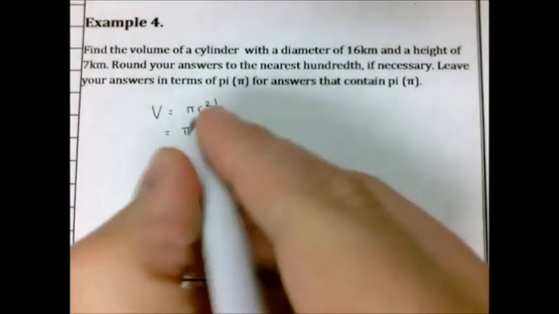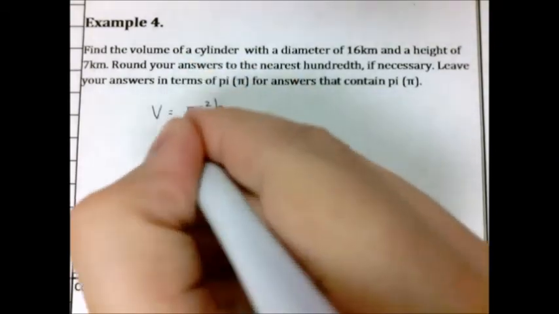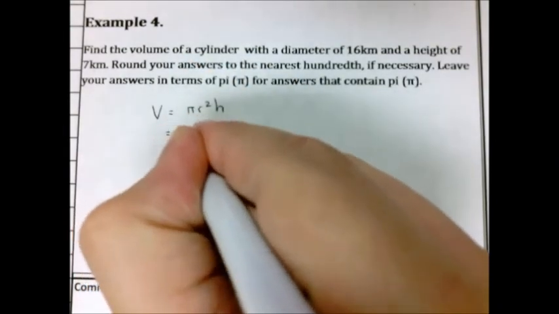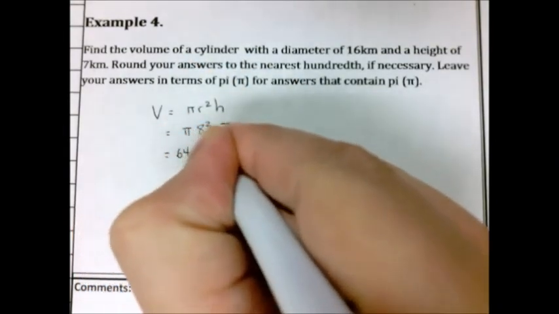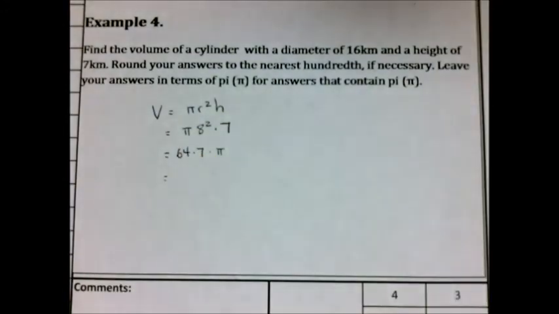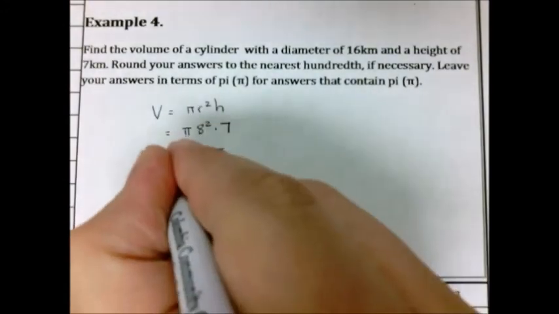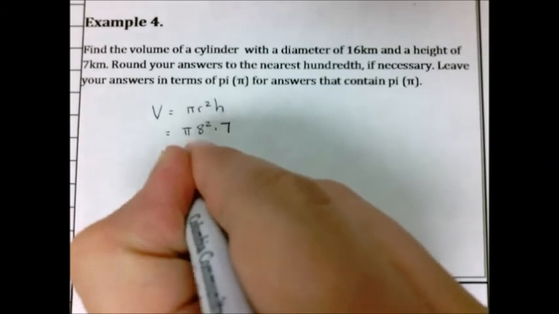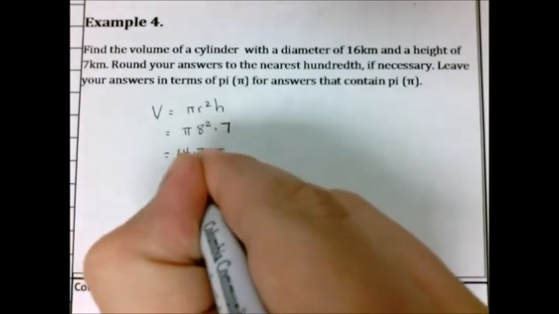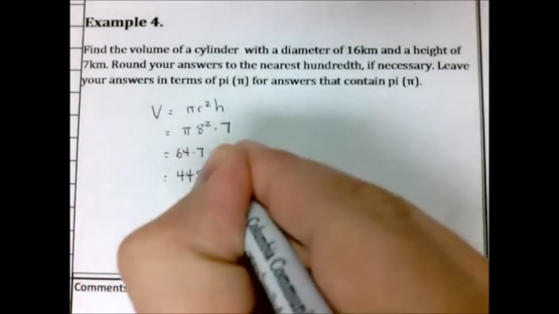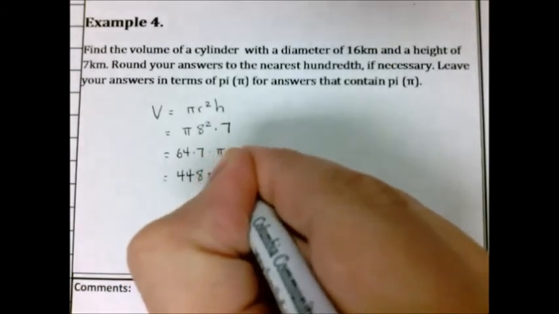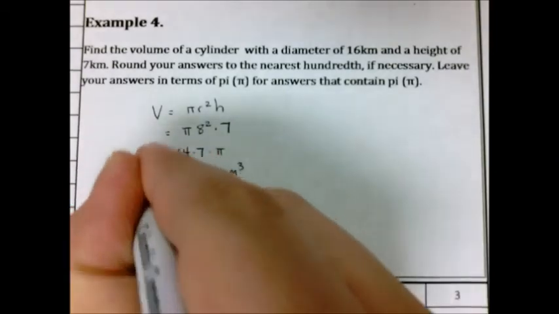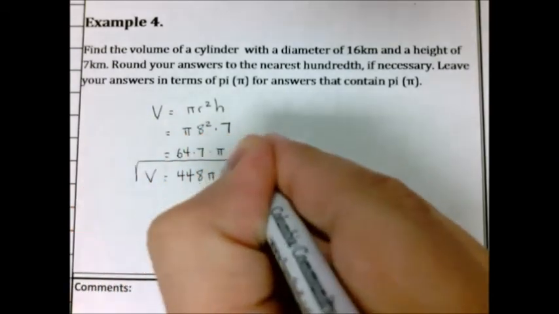Now it's the algebra part. 8 squared is 64 times 7 times pi, and 64 times 7 is 448 pi. Don't forget to label kilometers cubed. That is the volume of this cylinder.